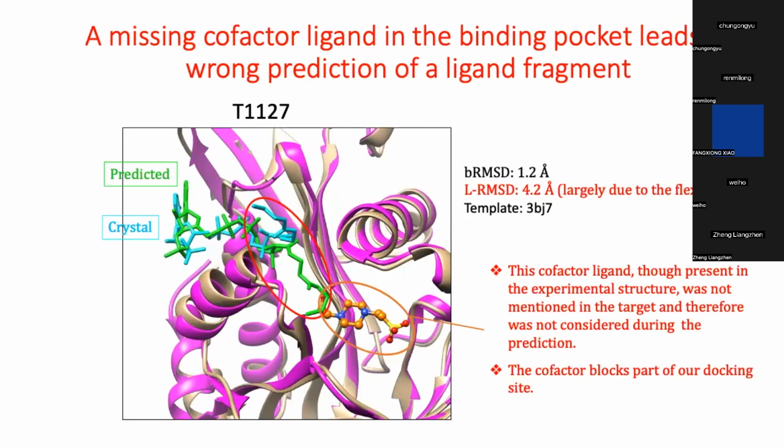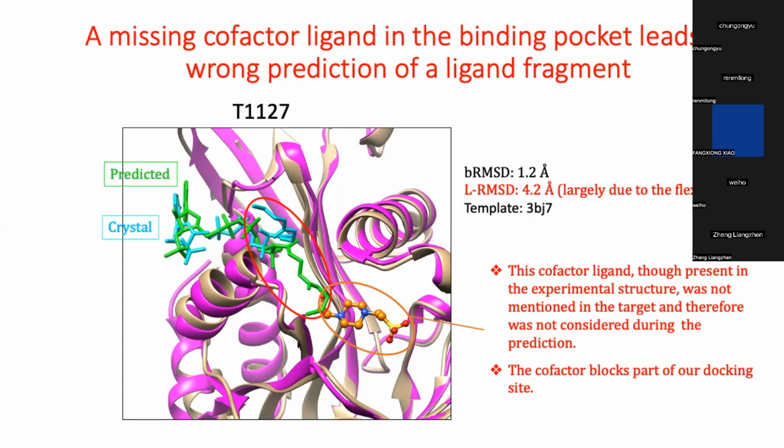And in this case, I think Dima mentioned this one too. Even though the protein structure is well predicted by AlphaFold, the ligand RMSD is not satisfactory. You can see the binding site, this part, is almost correct. However, there's a cofactor here, but that's not given in the CASP.